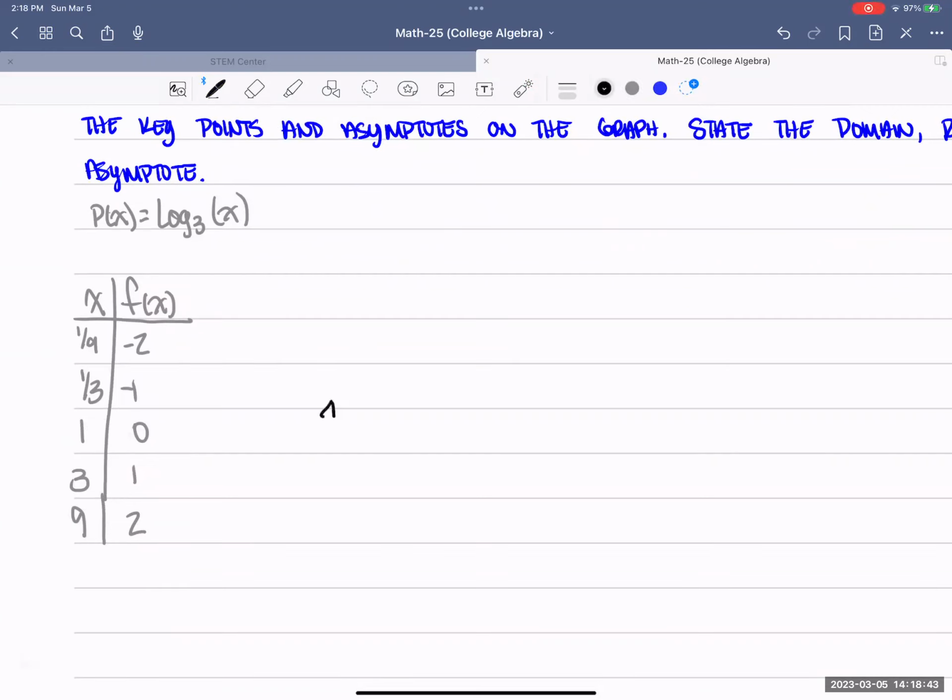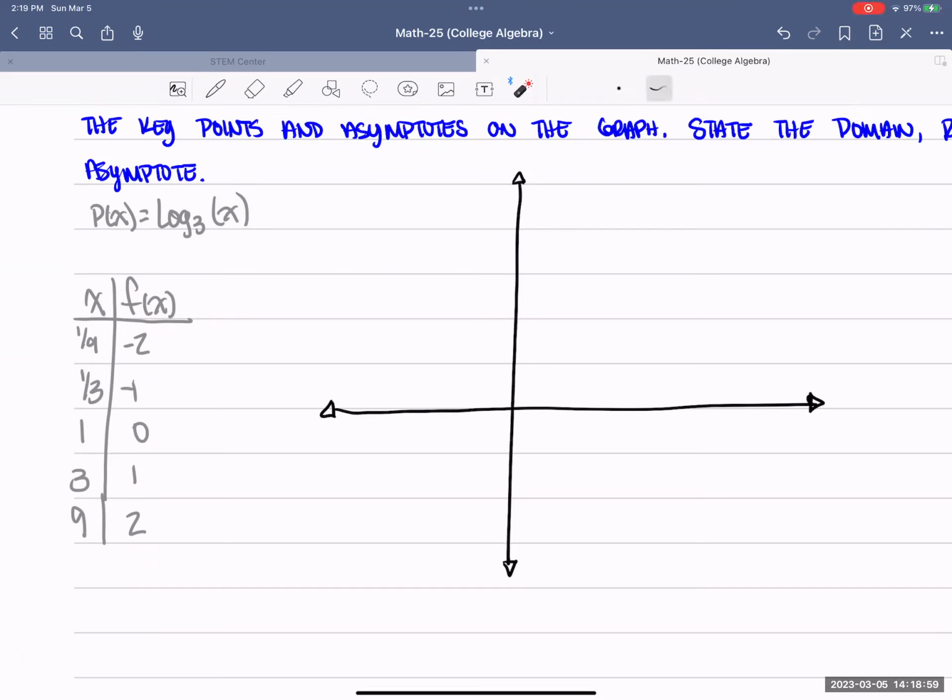So I'm going to graph our parent function in gray. Let's input 9 and output 2.